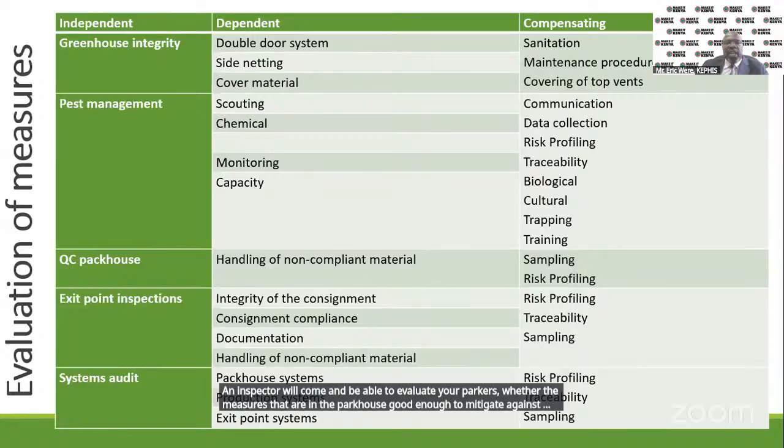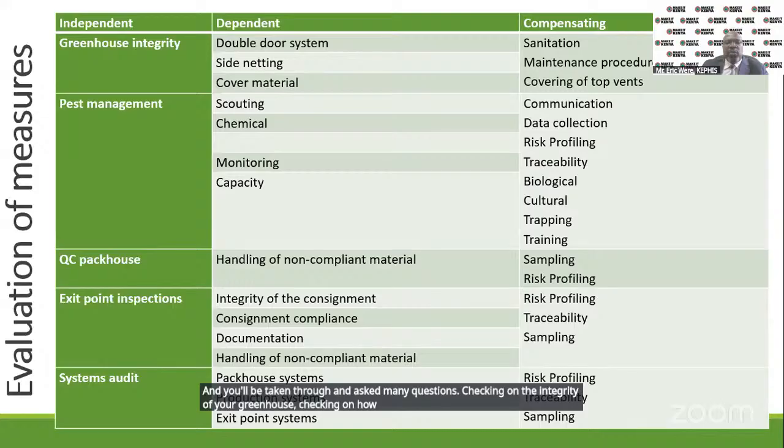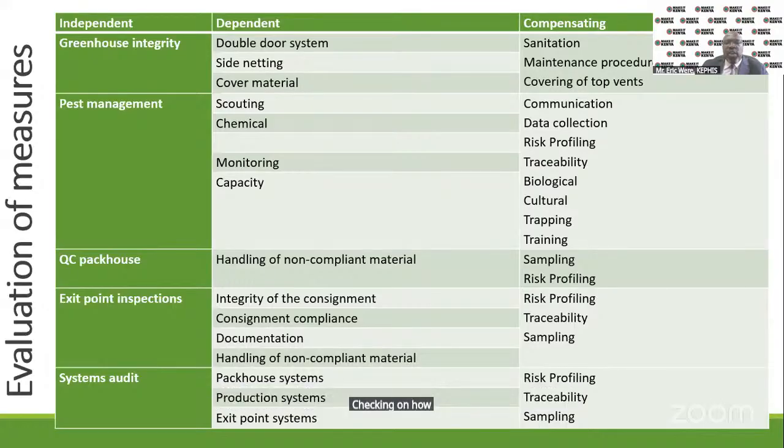They look at your production site, and we have a checklist for the pack house and a checklist for the production site. You'll be taken through and asked many questions, checking on the integrity of your greenhouse, how the traps are distributed, and whether all the measures you are supposed to put in place at that particular production site are in place.